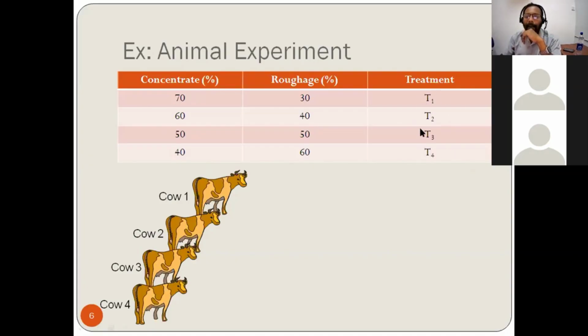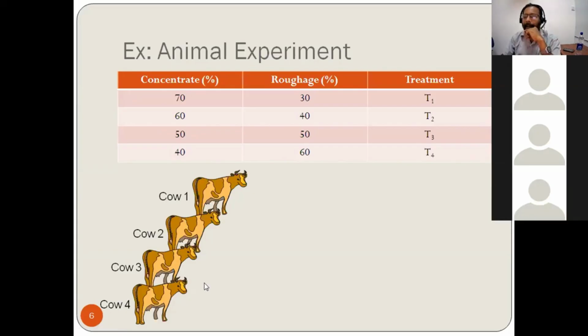Now, how am I going to allocate these treatments among these 4 cows? For example, if I say T1 for cow 1, T2 for cow 2, T3 for cow 3, and T4 for cow 4, then there's a biasness, right?